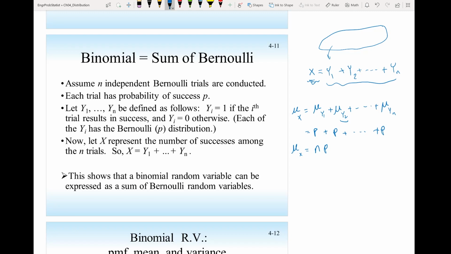Now let's look at the variance. So the variance of x squared, it's the variance, let's look here, of y1 plus the variance of y2. So I can add the variance because each random variable here is independent, plus all the way to the variance of yn squared.